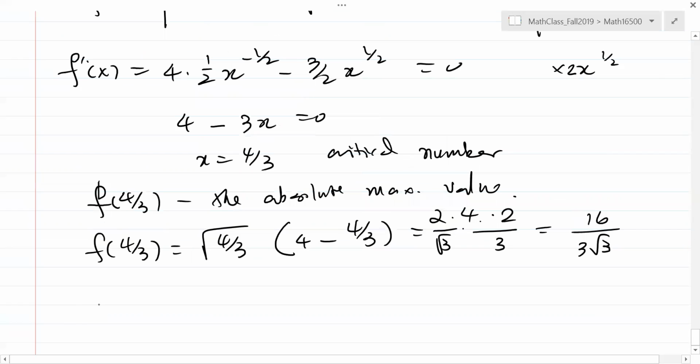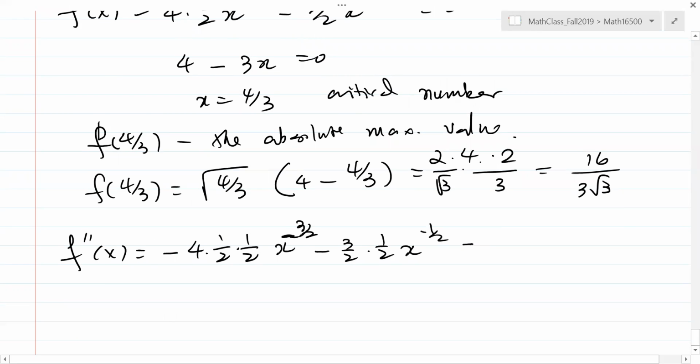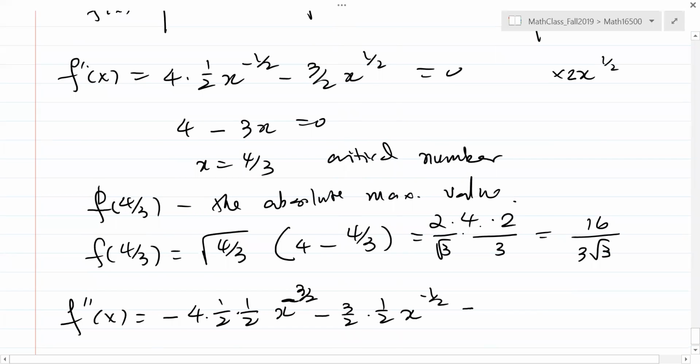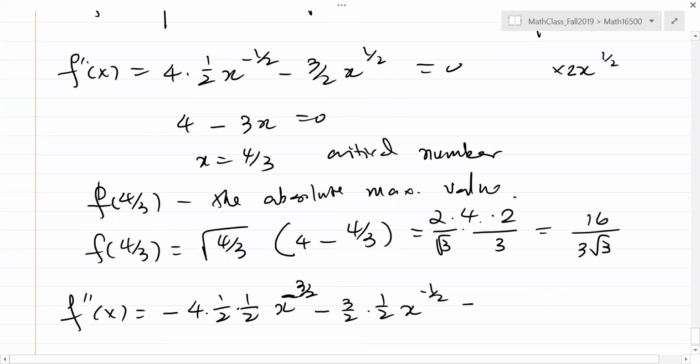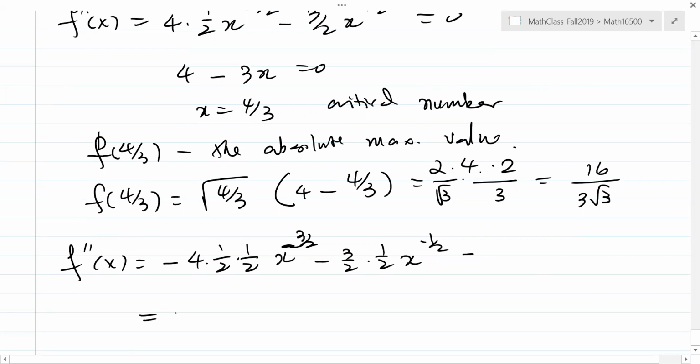The second derivative of the function would be negative 4 times 1/2... This time I'm going to take the negative quarter out.